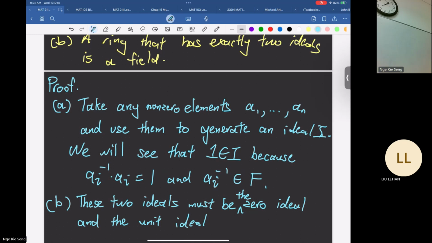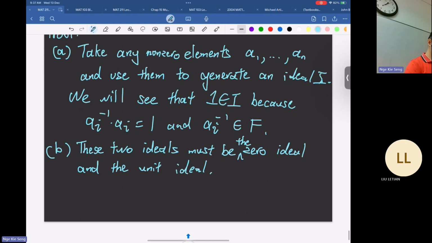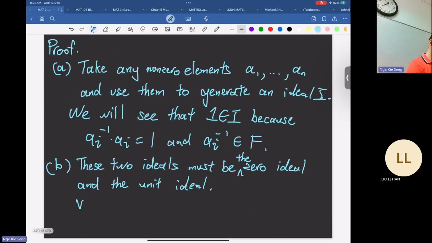Can you deduce that one of these is the ring or not? The unit ideal will get everything in your ring, so this unit ideal actually is your ring. So we use that the unit ideal is the ring.